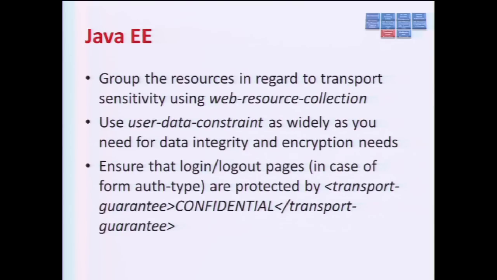Okay. Group the resources. You already identified your sensitive data. Make sure that you group your resources that map to those data properly and apply the right user data constraint on that particular set of URLs. And don't be stingy with that.